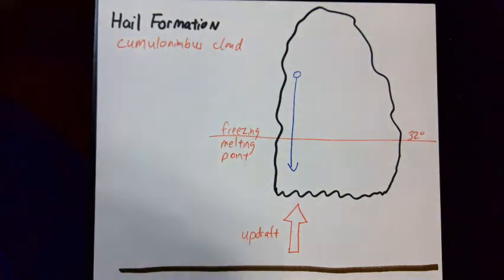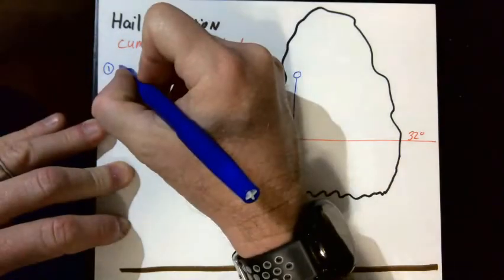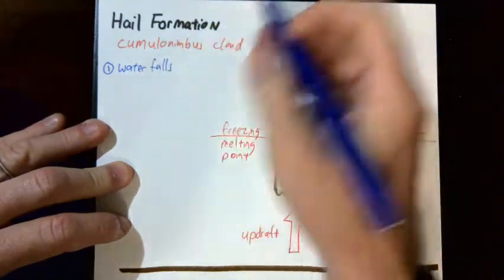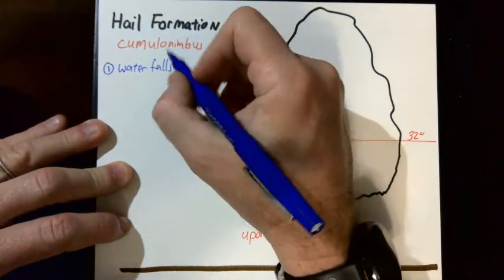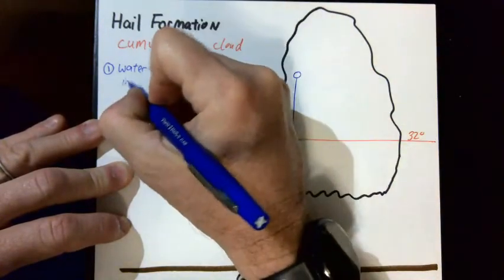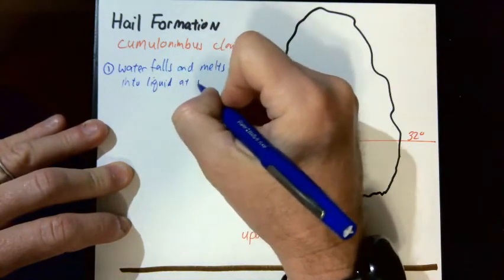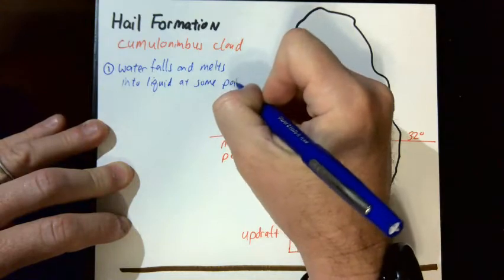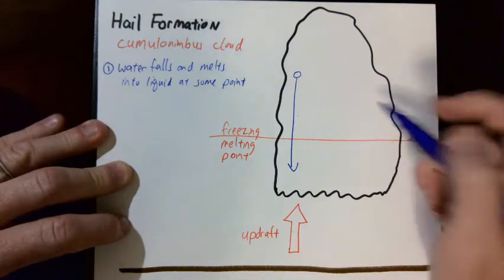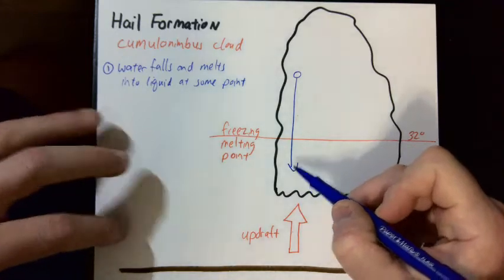So here's what happens. First step, the water falls from my cumulonimbus cloud and melts into liquid at some point. That line could be down here, it could be up here, but at some point this water melts and now down here it is a liquid.